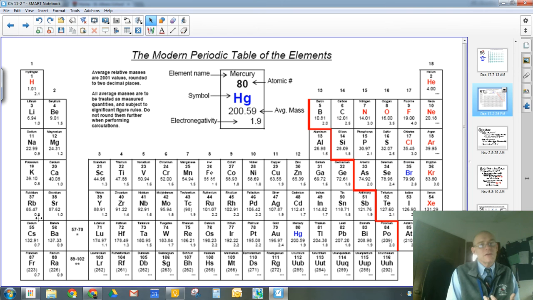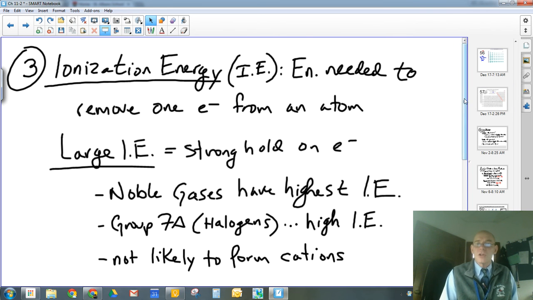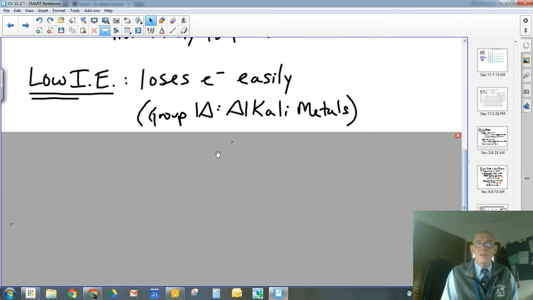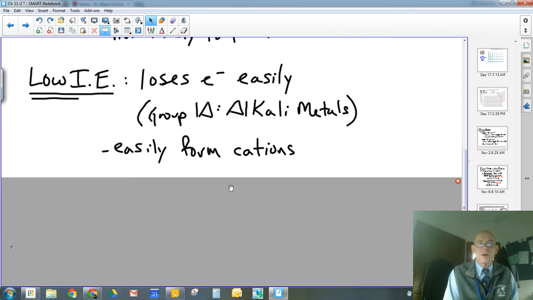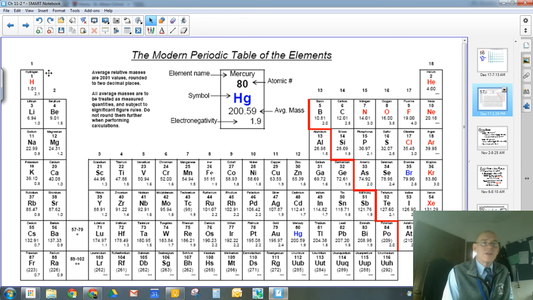They form positive ions, so they have low ionization energies. What has the lowest? The lowest ionization energies are the things that most easily give up their electrons. So you'd expect the lowest ionization energies are the things that form +1, the alkali metals, or +2, the alkaline earth metals.